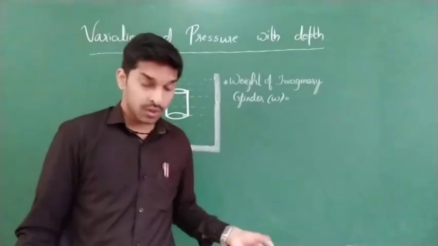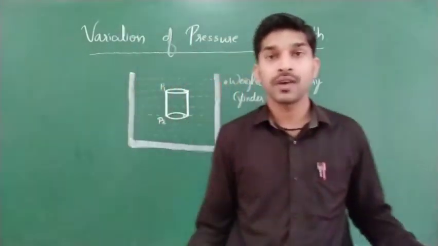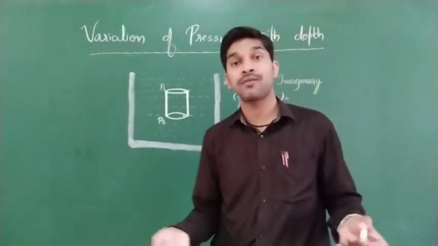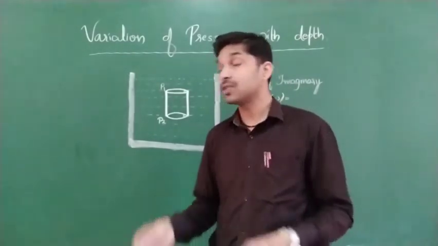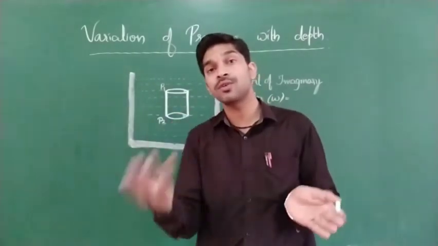Clear? Say my mass is 60 kg. The weight acts towards the center of the earth, so that value is 60 into 9.8.